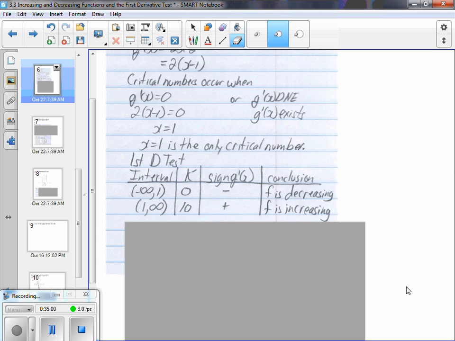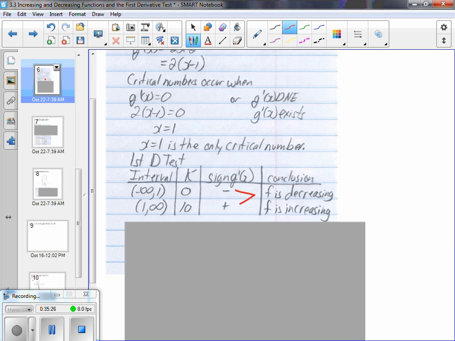But I want us to go ahead and finish this off. If our derivative changes from negative to positive, which means our function went from decreasing to increasing, did we have a relative max at x equals 1 or a relative min? We had a relative min. Okay? The derivative's negative, so the function's going down.